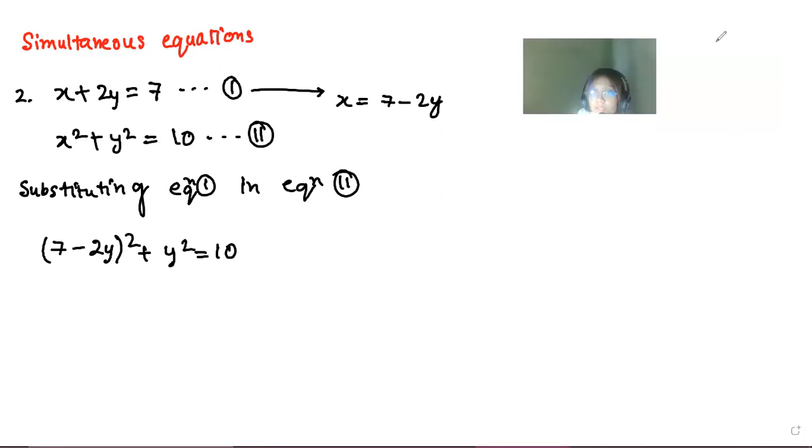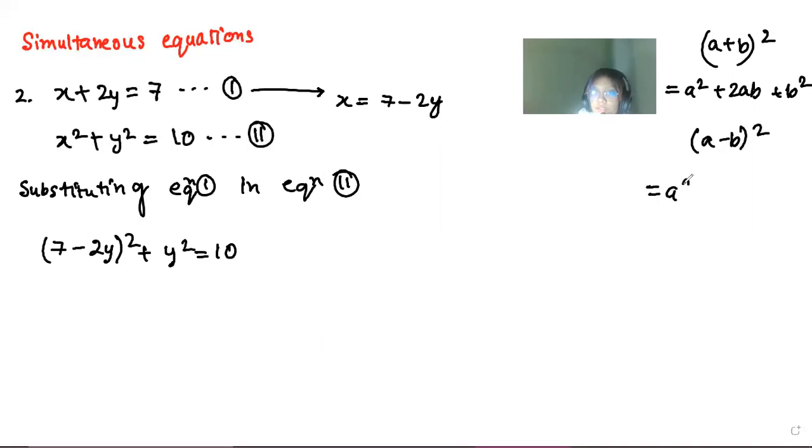We know that (a plus b) whole square is equal to a square plus 2ab plus b square. (a minus b) square is equal to a square minus 2ab plus b square. So in this case, this is the (a minus b) whole square formula. So we do 7 square, a square is equal to 49, minus 2 into 2 is 4, into 7 is 28, 28y, plus b square.